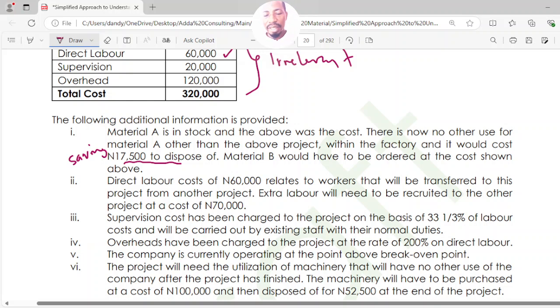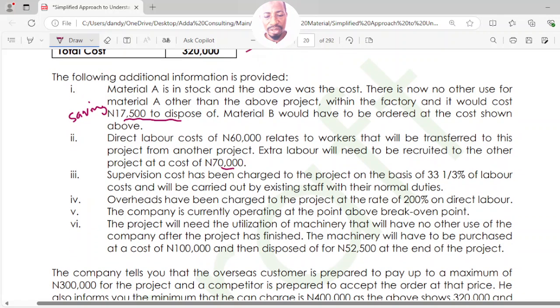In that case, the relevant cost will then be the replacement cost, the cost of recruiting extra labor. So that 70,000 naira is relevant, 60,000 naira is irrelevant. Let's move to the next one.